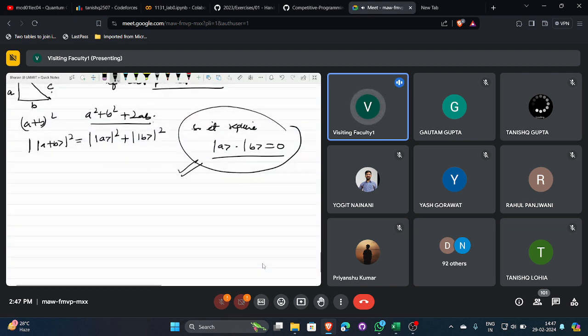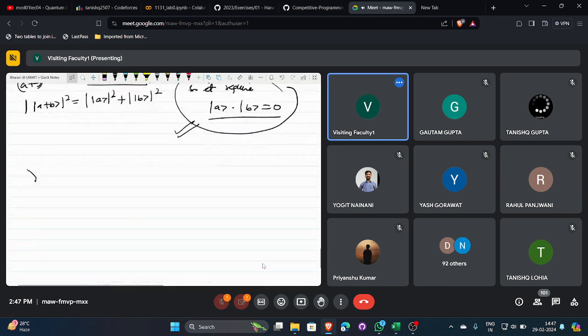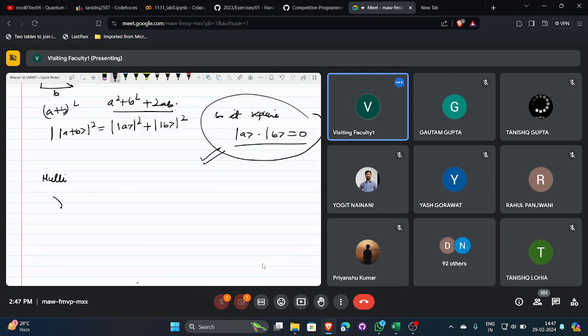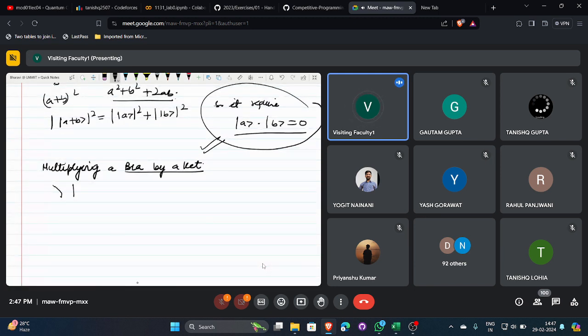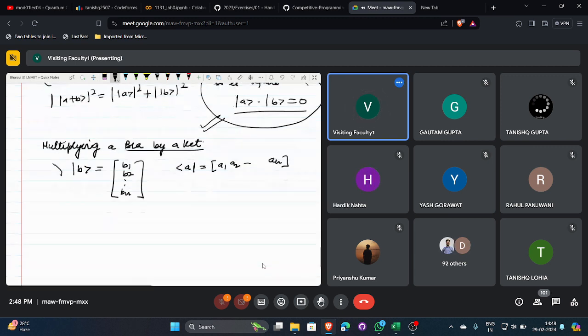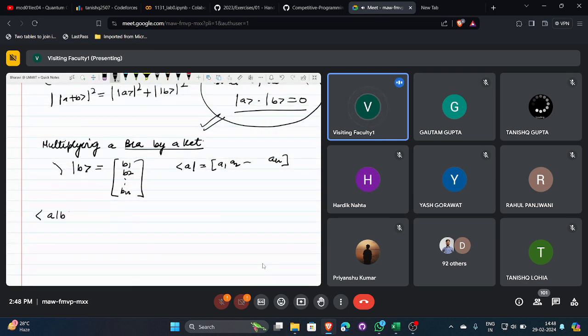Okay. Now let's do one more thing. Now if I multiply a bra vector with a ket vector, the dimension should be the same. This will be this, and this is equal to this.